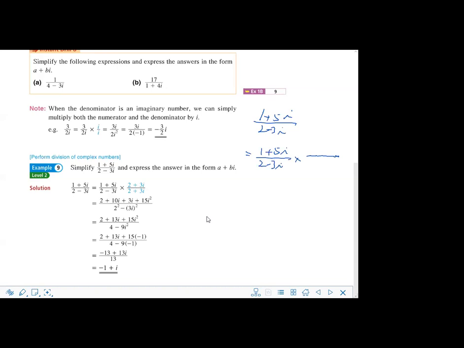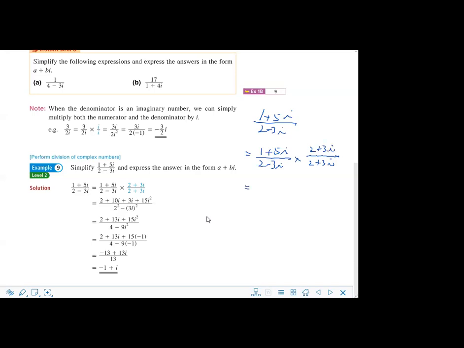So we need to focus on the 2 minus 3i and multiply the conjugate of this number to the 2 minus 3i. So we need to multiply the 2 plus 3i. But the top and bottom must be the same. Otherwise, the value will be changed. We just want to change the format. We don't want to change the value. So it must be 2 plus 3i over 2 plus 3i.